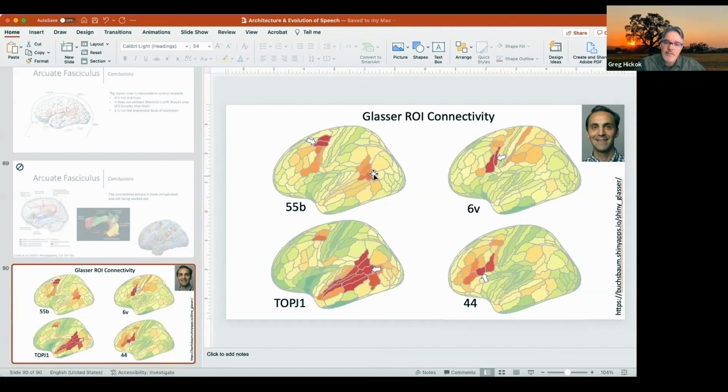Interestingly, I went back to this one zone that showed the highest connectivity with 55B, looked at its connectivity, and it picks up the entire temporal lobe network. I went up just to try area 44, and you still don't see much connectivity in temporal lobe. It's more frontal. So this is what the connectivities of these areas are. That's something that we're super interested in and are exploring extensively right now.